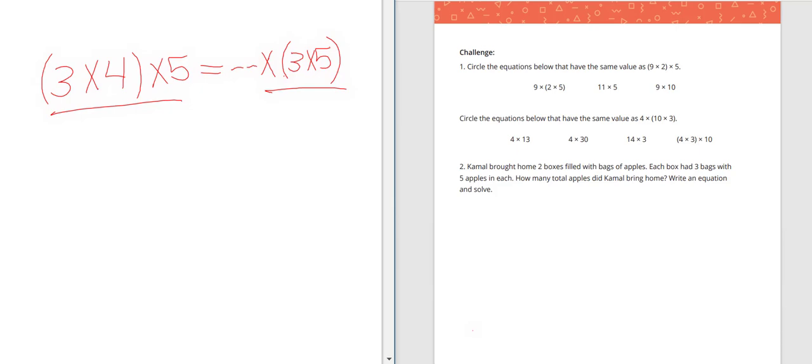So factors must be equal or the same factors. So here we have 5 and here we have 5. Here we have 3 and here we have 3. So the missing number or the missing factor is 4. So we can write on the first factor 4. And now we can go to challenge.